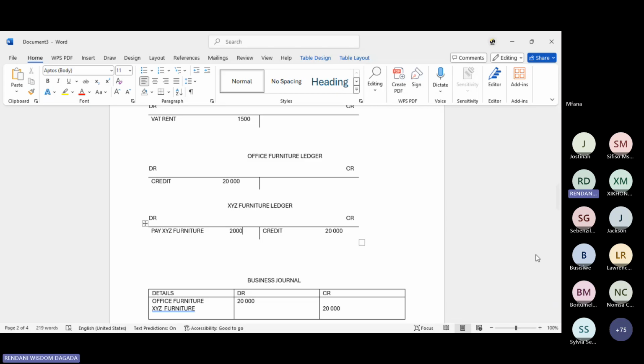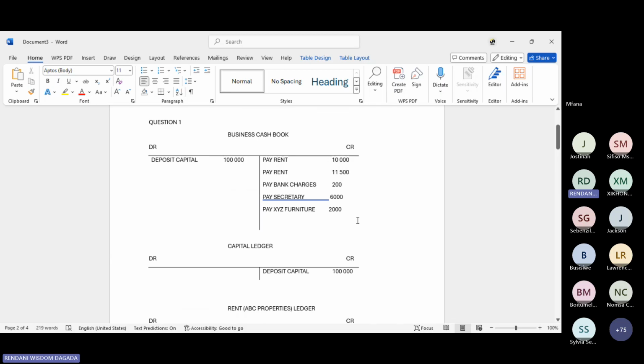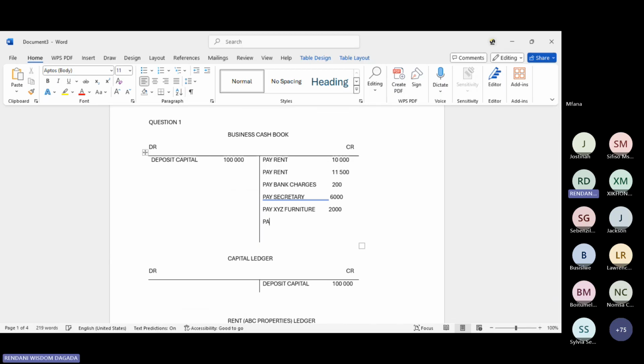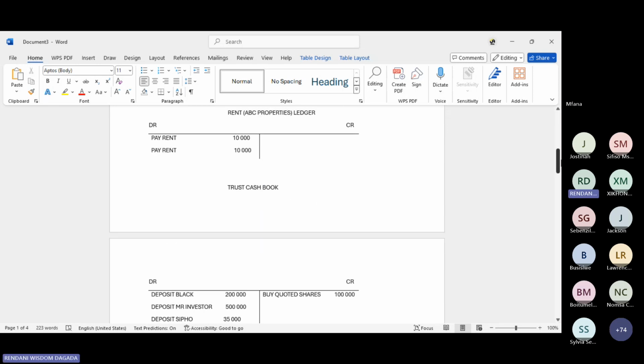You pay the Legal Practice Council membership of 1,000. So this one will also go to the BCB because it's a business transaction. Pay LPC fees, which were 1,000. Then we're going to do double entry for that LPC.